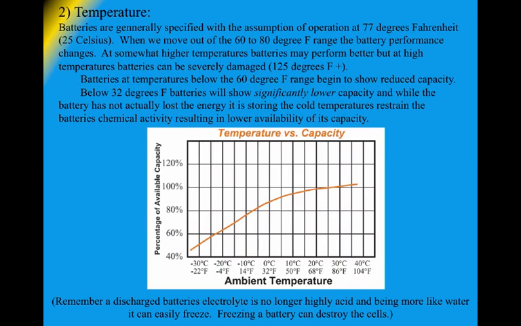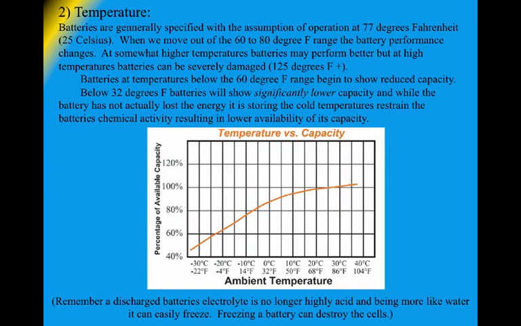The second parameter I'd like to discuss is temperature. Now, as I pointed out earlier, batteries are generally tested and specified on the assumption of an operational temperature of 25 degrees Celsius or about 77 degrees Fahrenheit. So as we move out of that range, the battery performance changes.